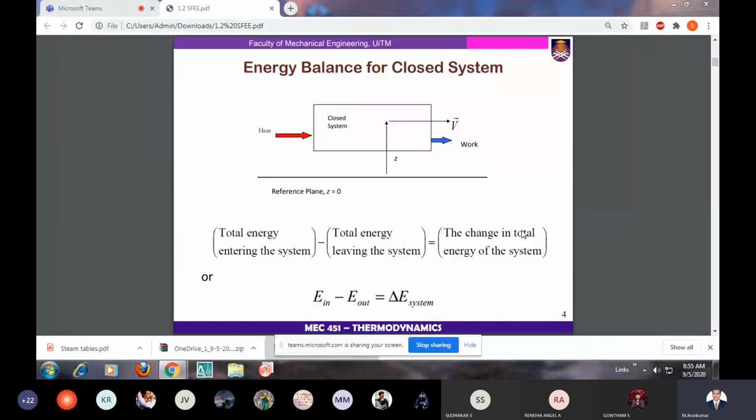So this is the energy equation. We know the law of conservation of energy, so energy cannot be created or destroyed.